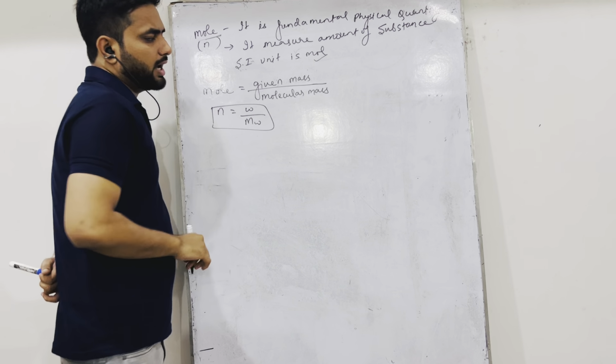For finding molecular mass, we have to find atomic mass. We have to remember the atomic mass of each element, at least up to 20. Let me say, the mass of hydrogen is 1, and its atomic number is also 1.